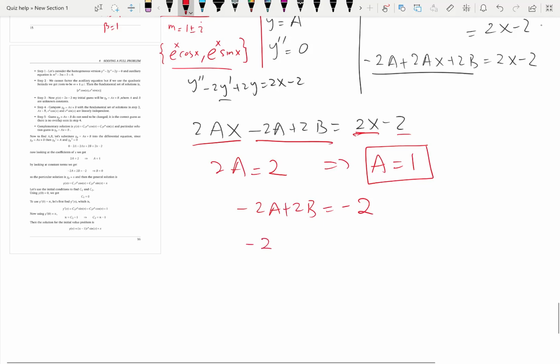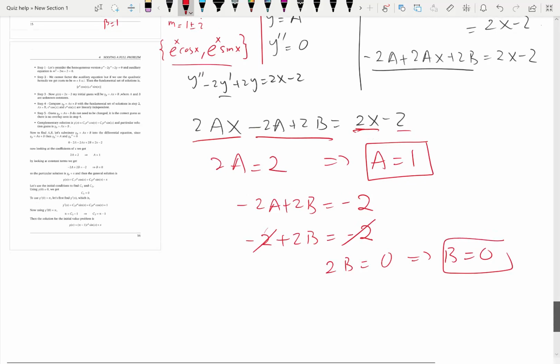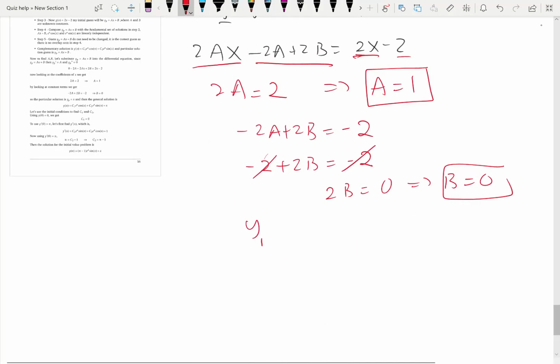Minus 2 times 1 is minus 2, plus 2b is minus 2. The minus 2 cancels out. So 2b is actually 0, right? So that means b is 0. So a is 1, b is 0. So our particular solution is ax plus b, so it's 1x, it's just x.